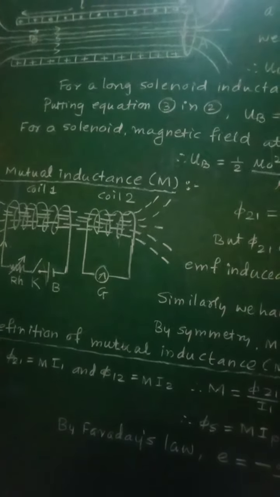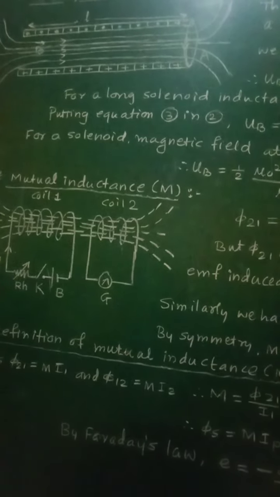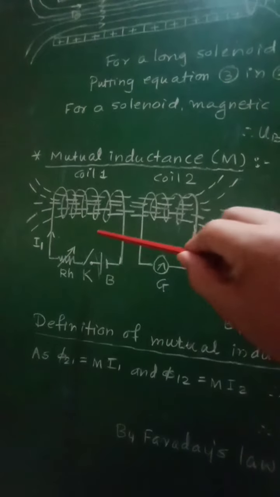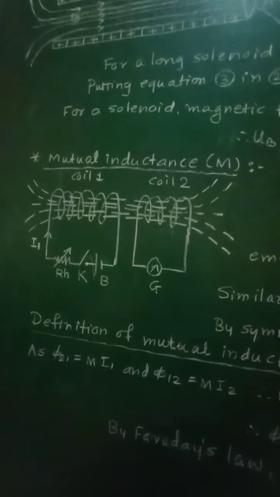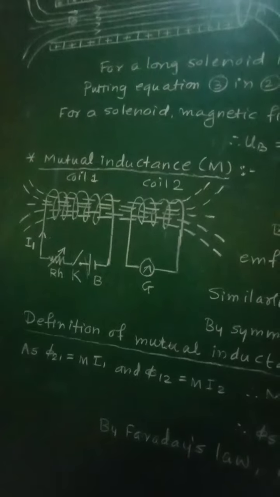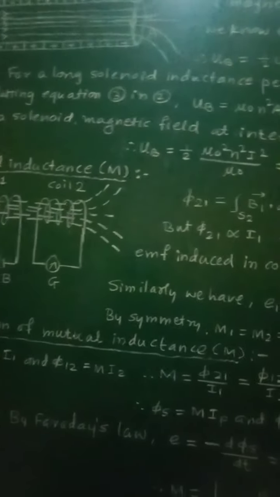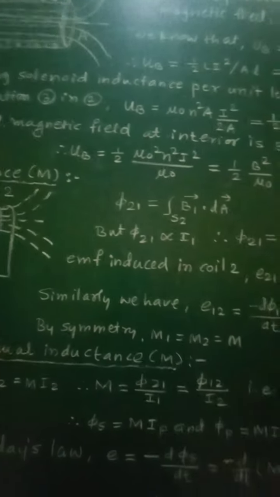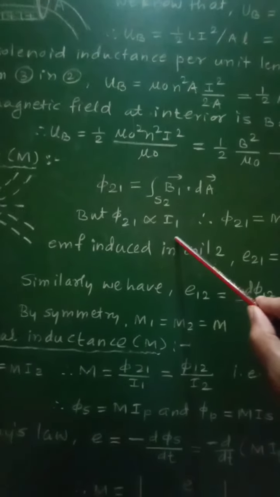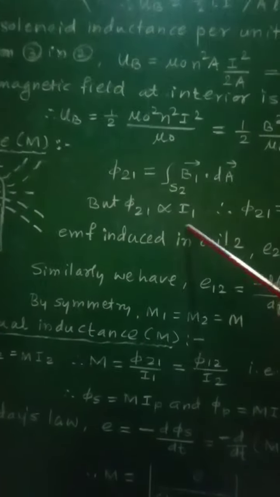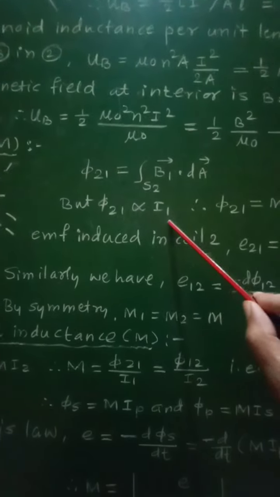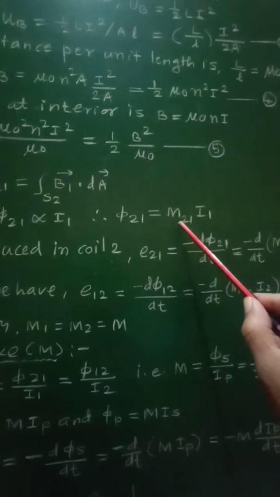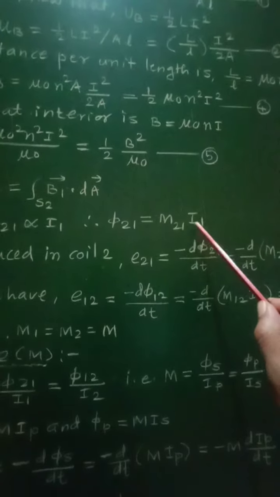If the positions of the coils, that is of coil 1 and coil 2, are fixed in the space, then we can write phi 21 will be proportional to current I1, and therefore phi 21 equal to M21 into I1.